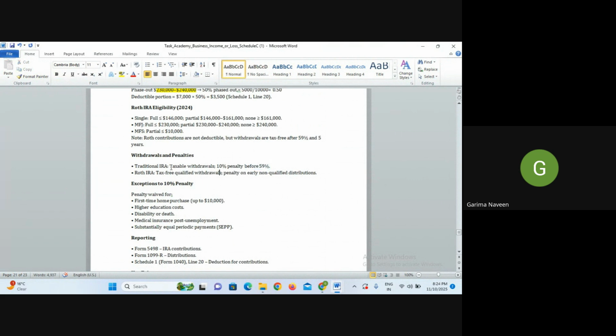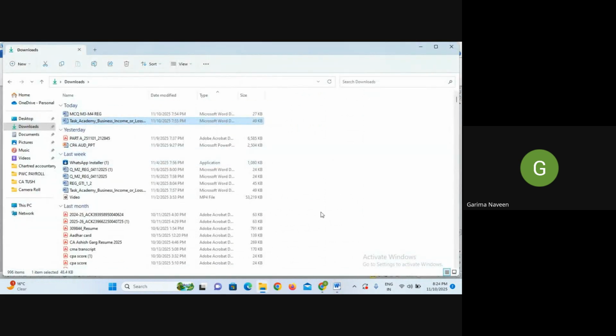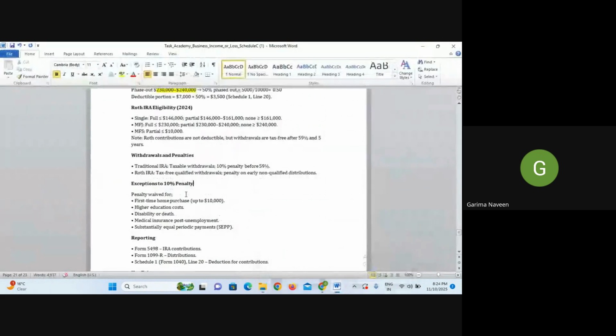But if you are withdrawing it before the age of 59 and a half years, and you are using it for non-qualified purposes, then you have to pay a 10% penalty in addition to the taxation on the distribution.